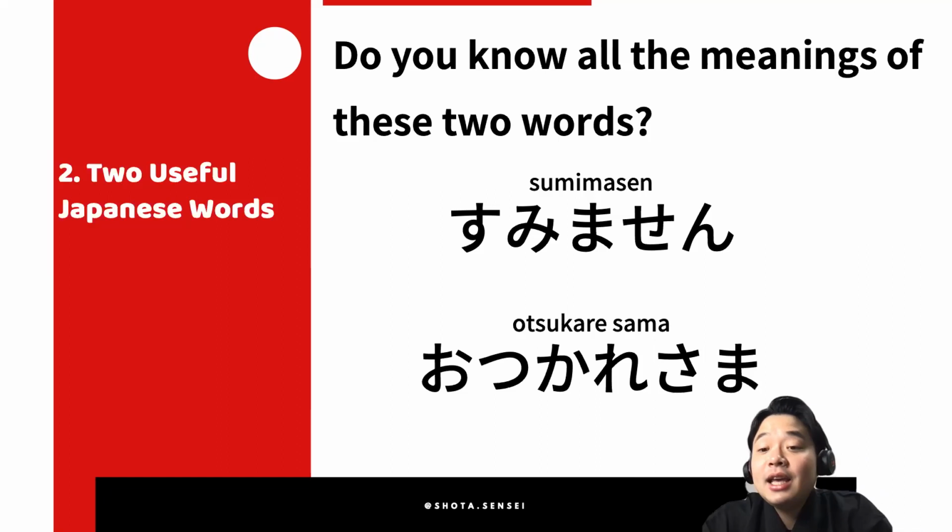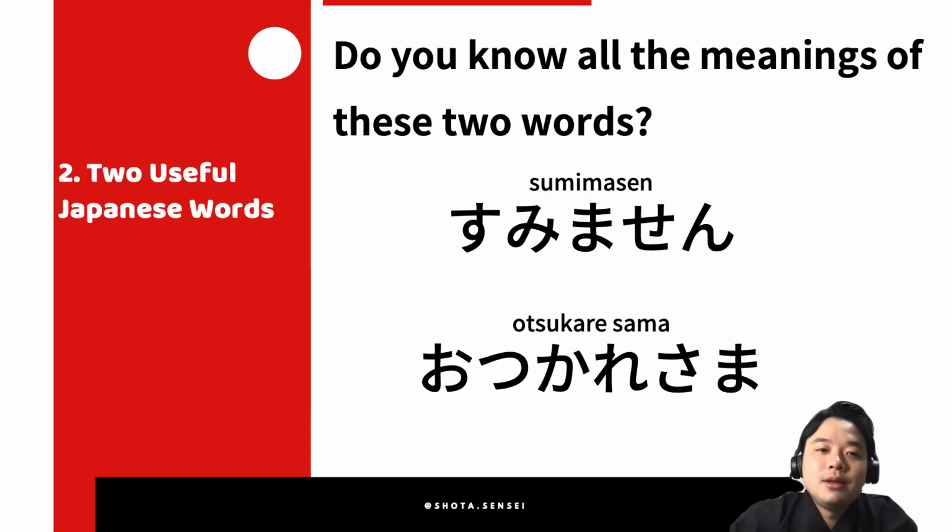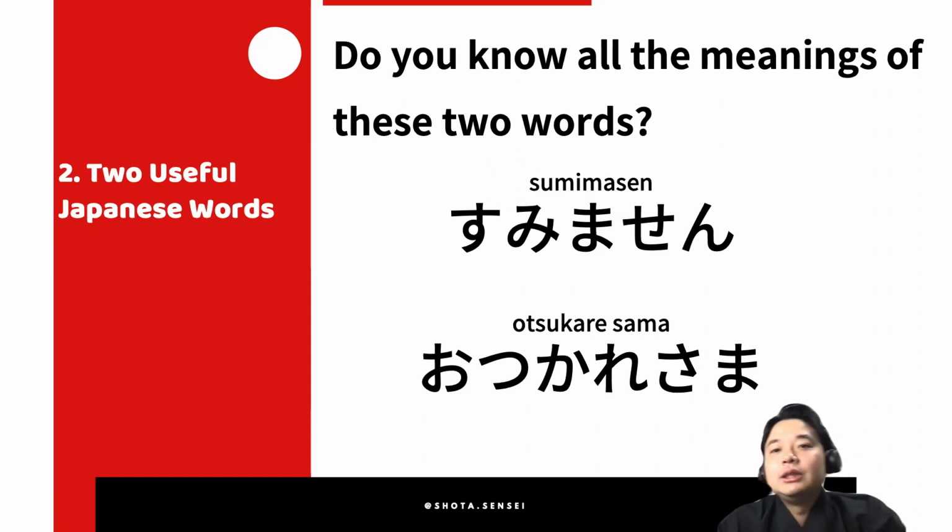All right. And next, 2 useful Japanese words. Do you know all the meanings of these 2 words? The first one is すみません. And the second one is お疲れ様. I promise you guys, you will hear these 2 words every single day when you're in Japan.